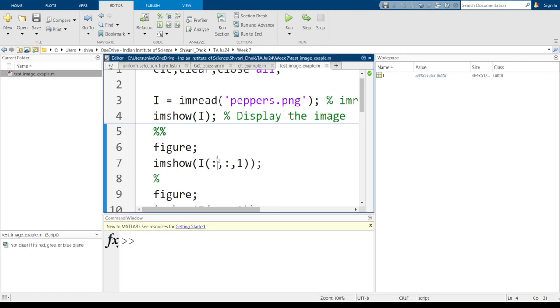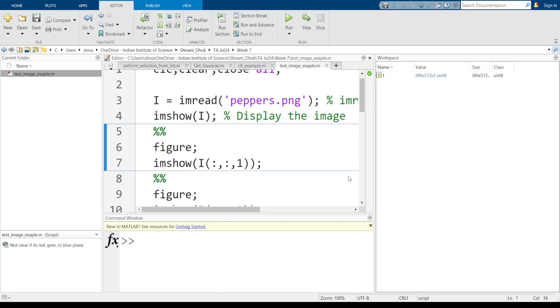So let us try to see if that is true. I'll try to plot the first level, all rows and all columns of the first level of the image. I'm getting something like this.